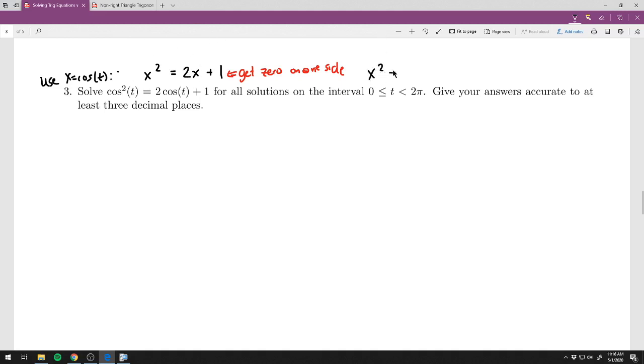We've got x squared minus 2x minus 1 equals 0. Now this one has a 1 in front, so you can run through the options. Can we factor this? Can we have two numbers that multiply to -1 and add to -2? The answer is no. The only two numbers that multiply to -1 are 1 and -1, and those add to 0. So we cannot factor this. That's why we have that other tool: we need to use the quadratic formula.